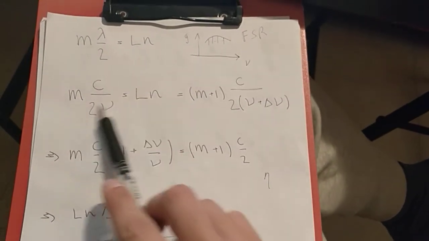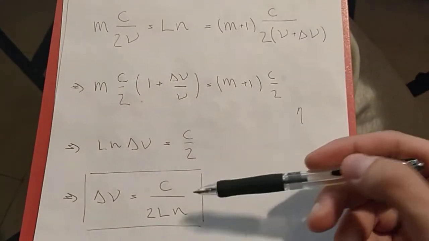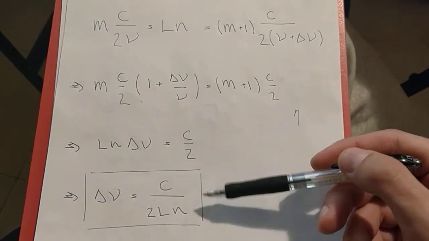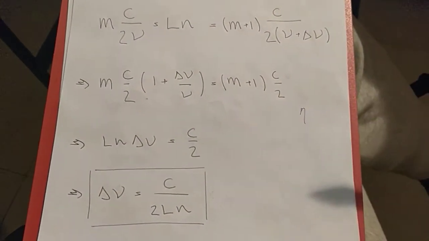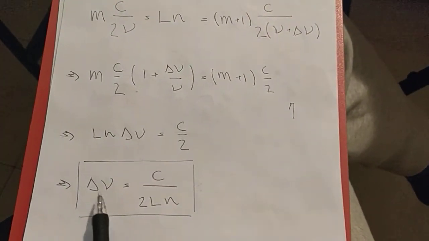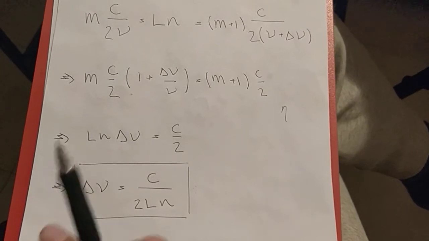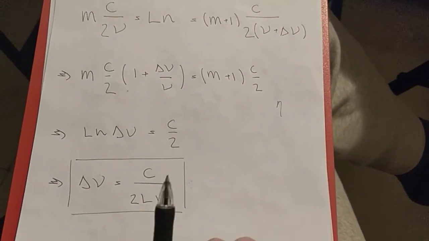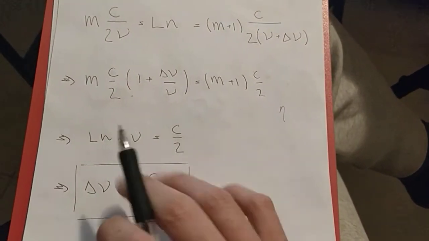So we use this equation to substitute mc over 2, and we get the expression for the free spectral range in the non-dispersion case. Notice that the free spectral range is a constant in this case. It depends only on the refractive index, the length, and the speed of light.